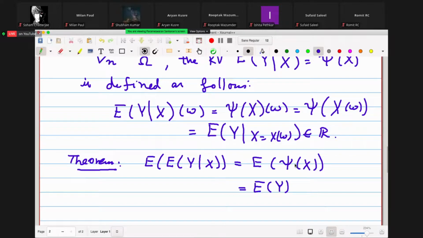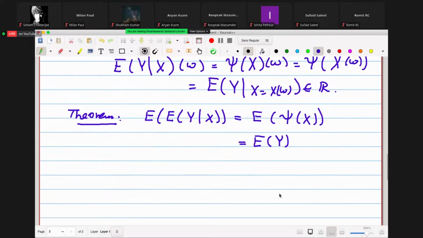That's because in the notation psi of x, Y is suppressed; Y plays a hidden role. So it is better to write it like this. Now it's clear that whatever you have should depend on both X and Y. The surprising thing is it depends only on Y, and in fact it is the expectation of Y. So we prove this.